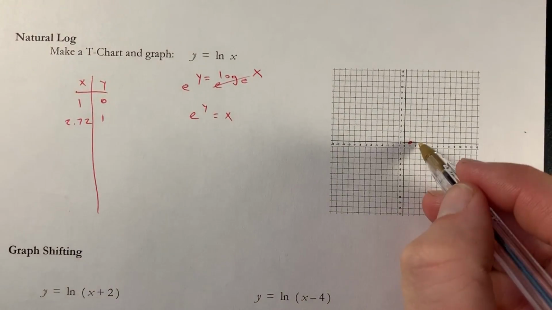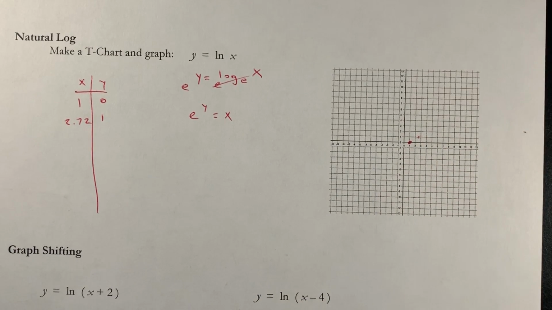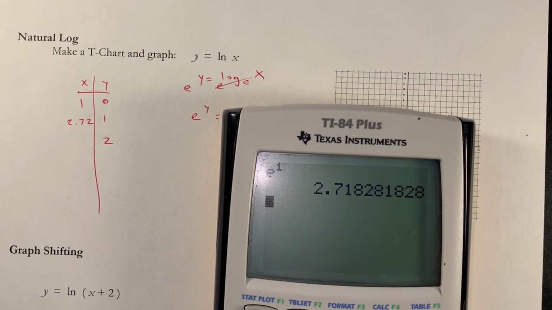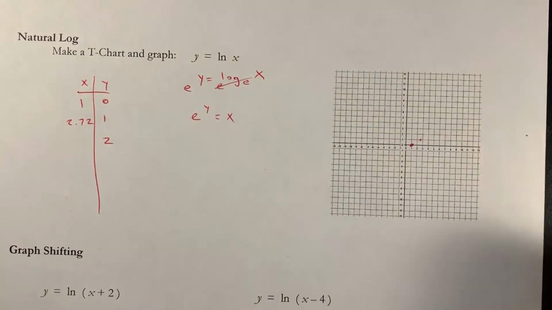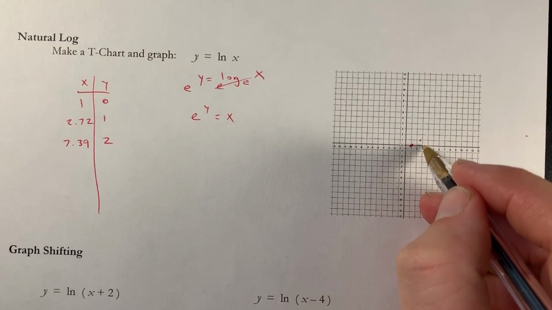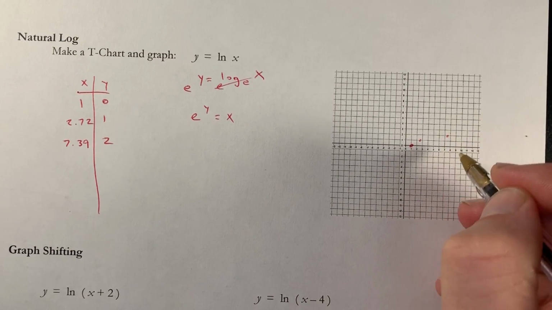Okay, so over 2.72 up 1, so somewhere around there. Okay, next we'll put in a 2, e to the second power, 7.39. So over 7.39 up to somewhere around there.